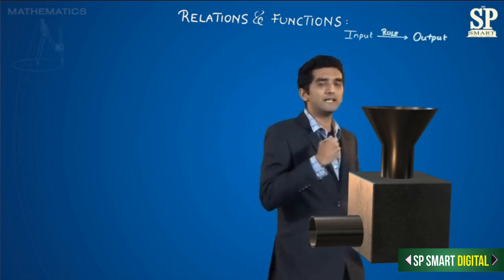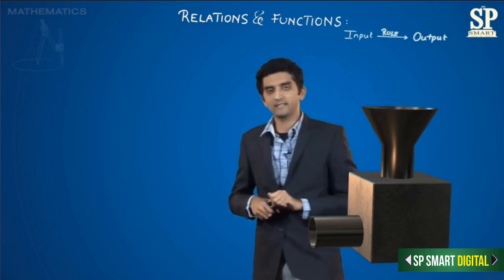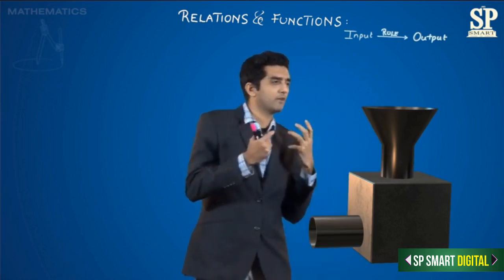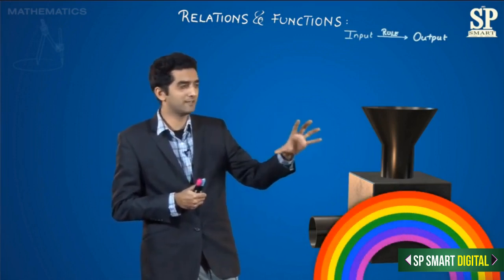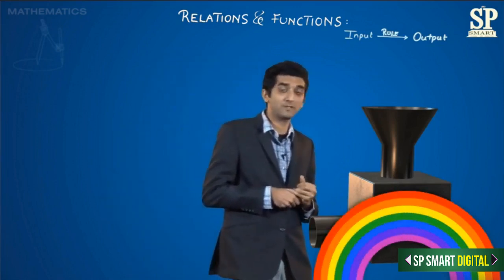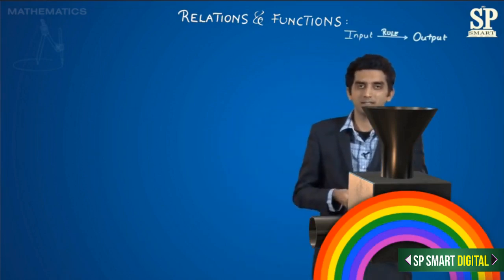So let's try another example. This particular machine for us is hovering around a rainbow. On the very front area of the machine, we have the image of a rainbow, and as we know, we have 7 colors in a rainbow.